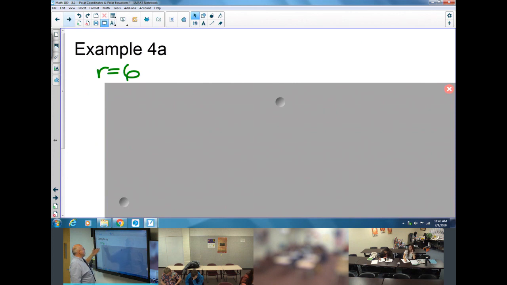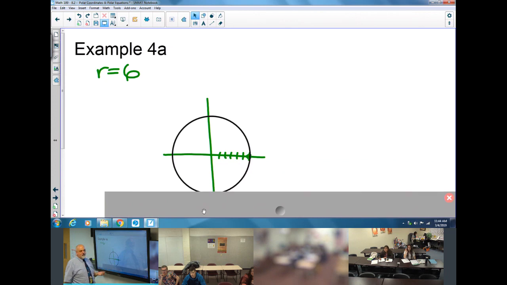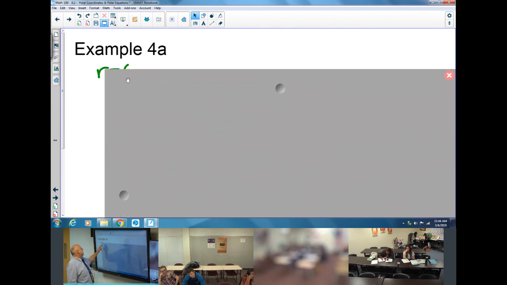So if I wanted to graph r equals 6, that would be all of the points that were at a radius of 6. And so that would be a circle. So anytime your equation is r equals something, that's going to be a circle. So all the points have a radius of 6. It doesn't give us an angle. So all of them would be included. Okay?